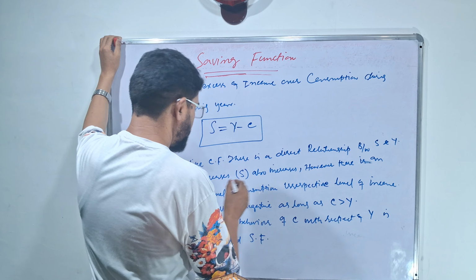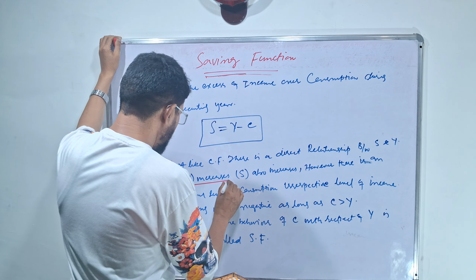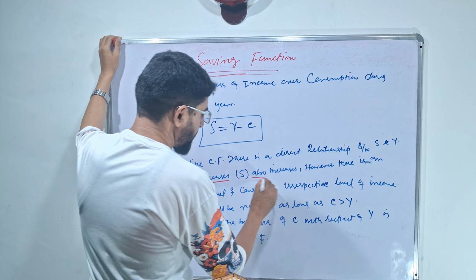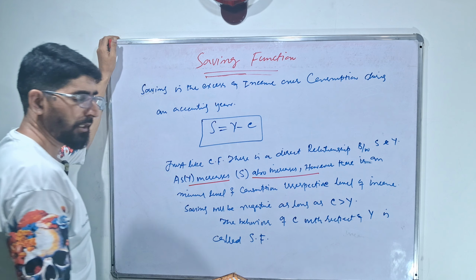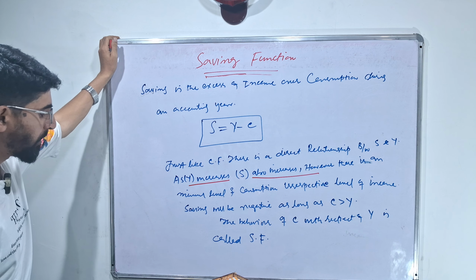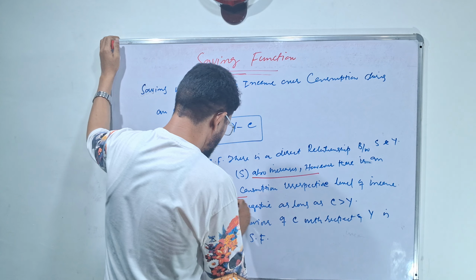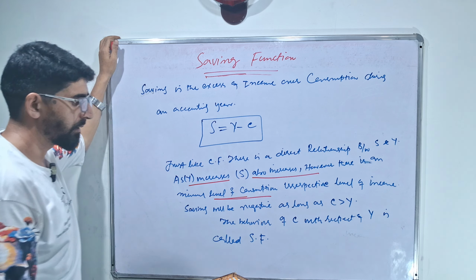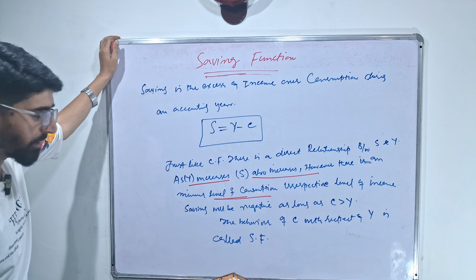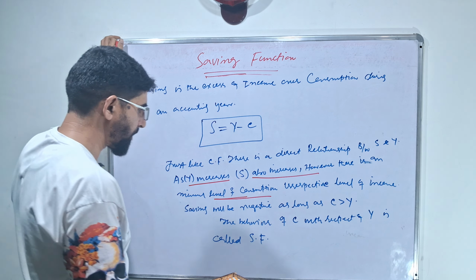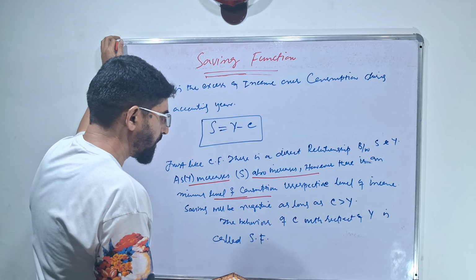As income increases, saving also increases. But there is a minimal level of consumption. As I told you in the previous lecture, even at zero level of income, consumers still consume goods and services.